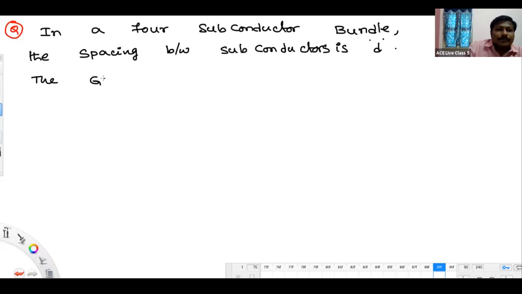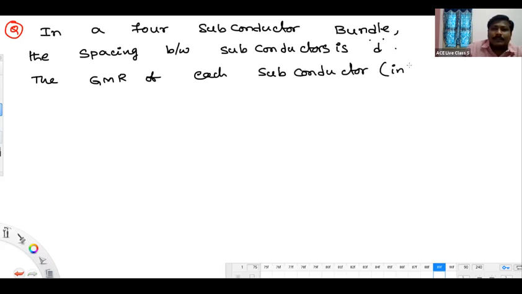The GMR of each subconductor individually is ds.